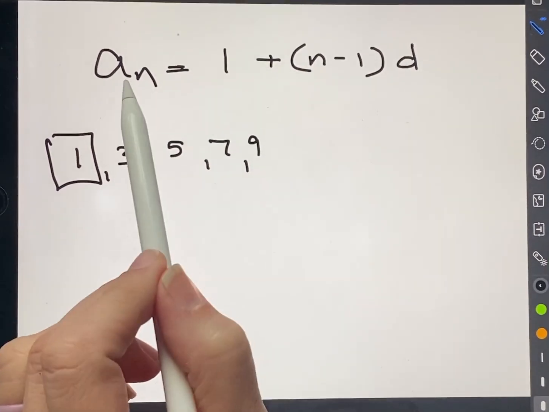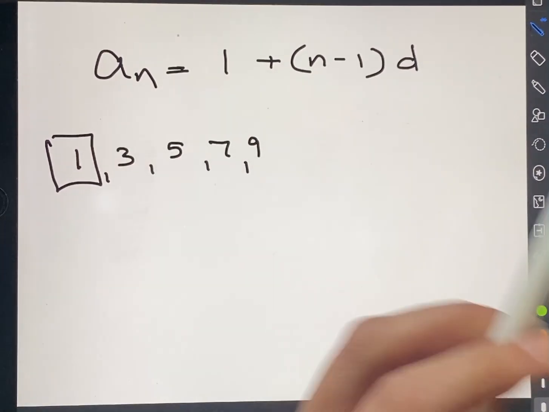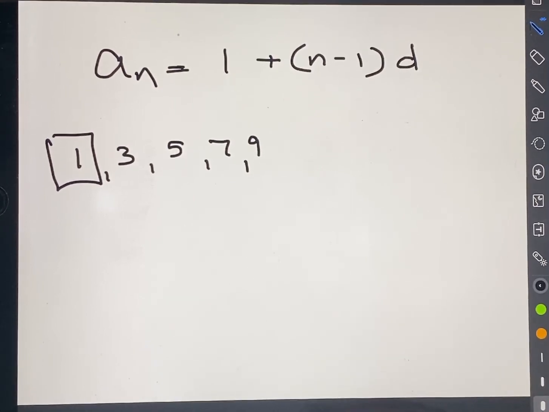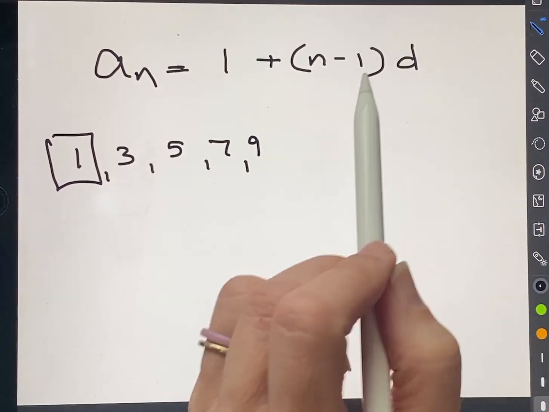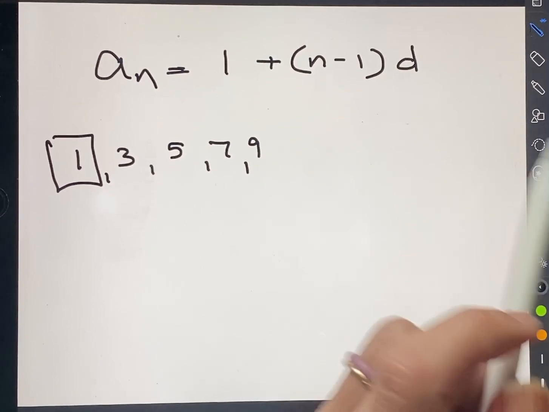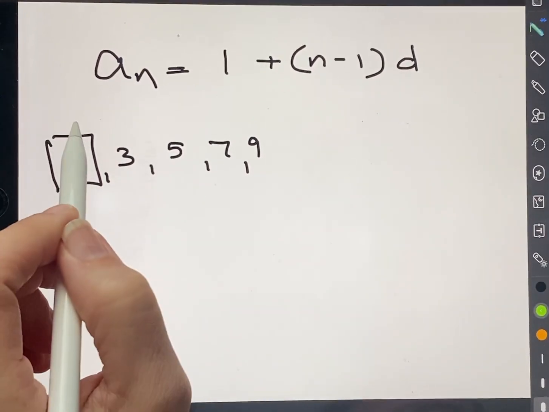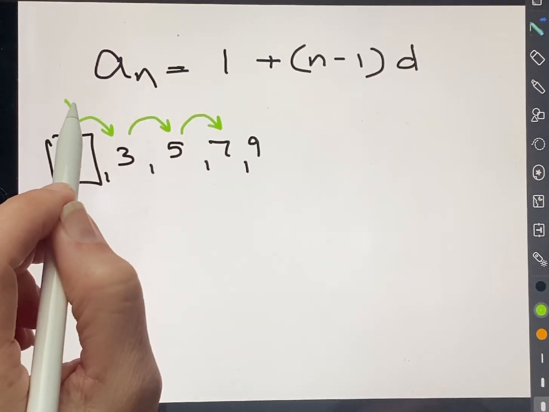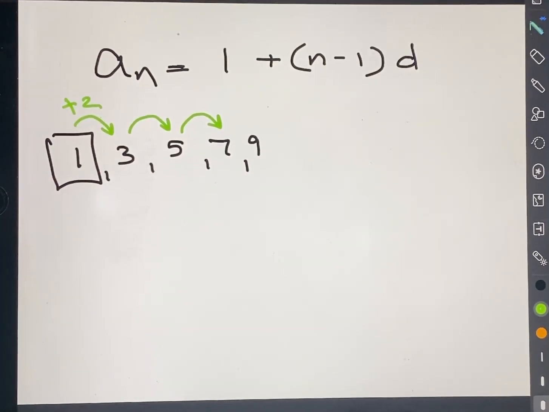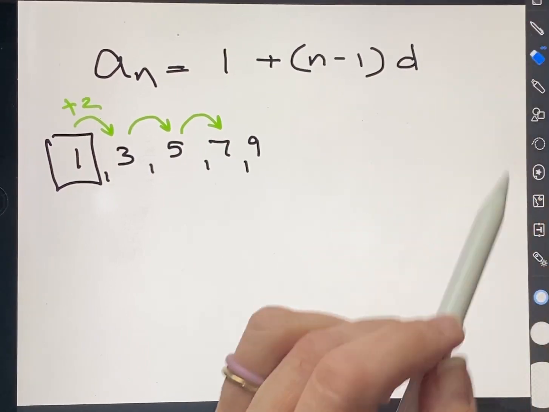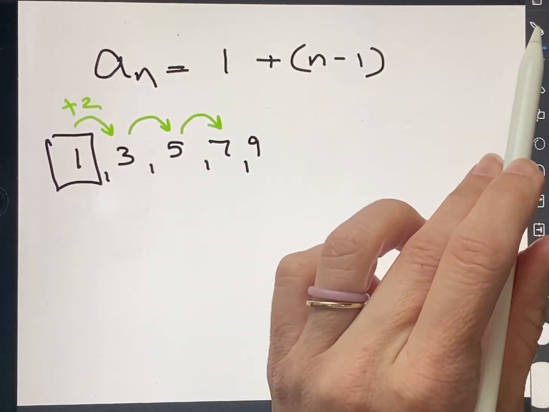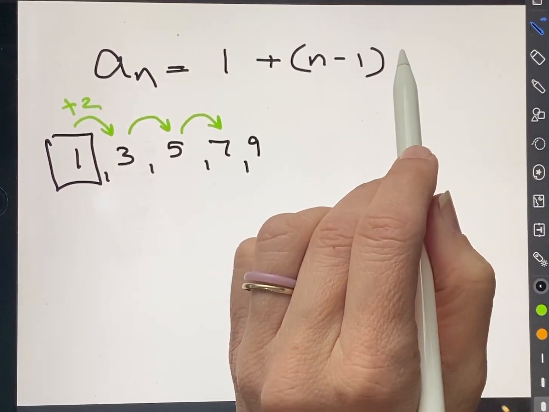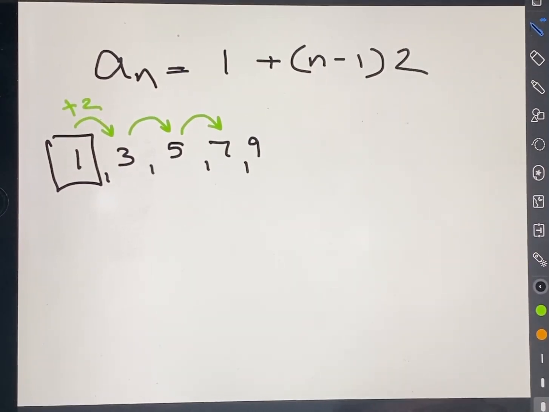So we are going to leave our n values as generic values. We're not going to plug an actual number into them. But we're going to look and say, do we know what our common difference is? Let's see, what are we jumping by? From term to term, it looks like we are adding 2 each time. So I'm going to erase my D, and I'm going to plug in the value 2 into that one.